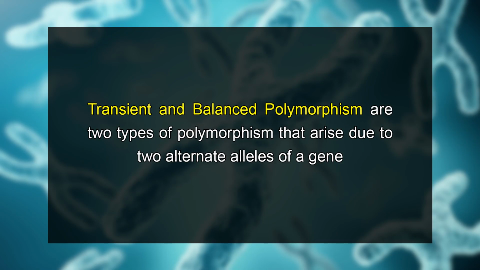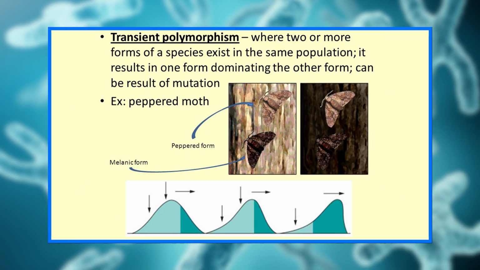Genetic polymorphism is the existence of two or more variants of a particular DNA. Transient and balanced polymorphism are two types of polymorphism that arise due to two alternate alleles of a gene. In transient polymorphism, from the two alternate alleles of a given locus, one allele is progressively replaced by another.